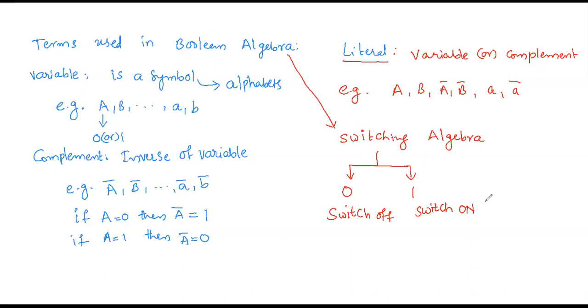So Boolean algebra is also called switching algebra. This is about some terms we use: variable, complement, literal. Next, basic operations in Boolean algebra.